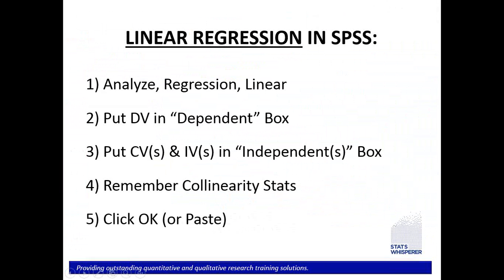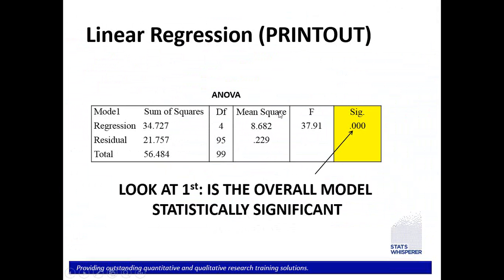Okay, here we go. Now, the first thing you'll notice, right, as per our instructions, in the regression output is a table about halfway down in the output labeled ANOVA. The final column in the ANOVA table indicates if the model is statistically significant.